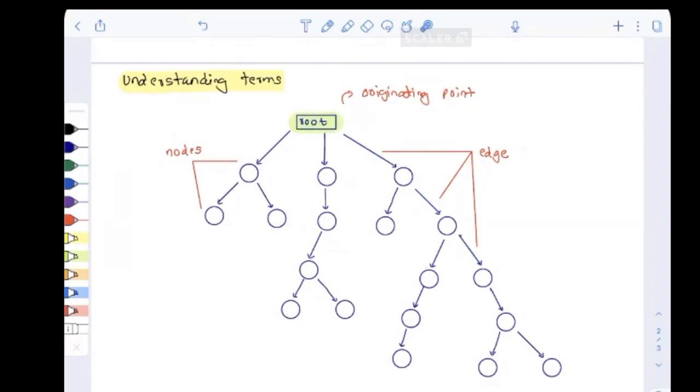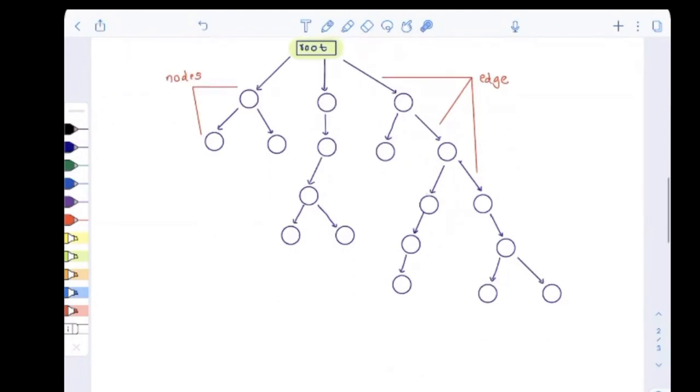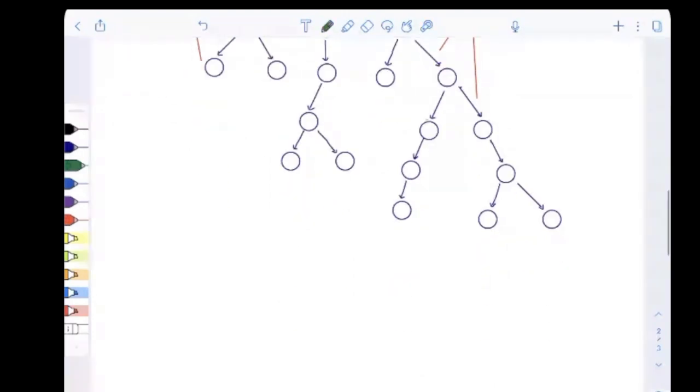There is going to be only a single root node, guys, your tree originates from just a single point. All these circular things are nodes, and the lines connecting two of your nodes are known as edges.